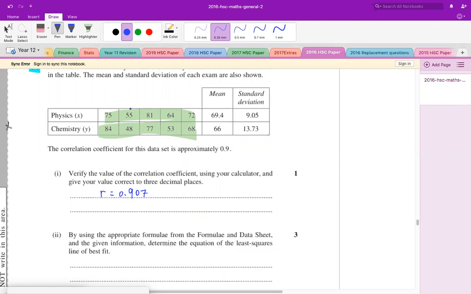Are you sure? Yeah. Look, I'll do it now. Because I got 0.907 as well. There are only 10 numbers, yeah? Yeah, there's no problem here.